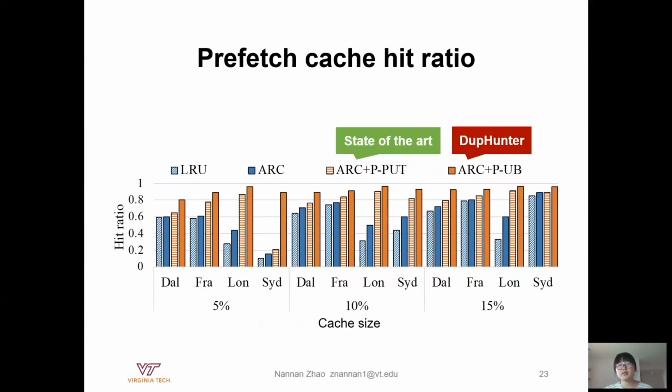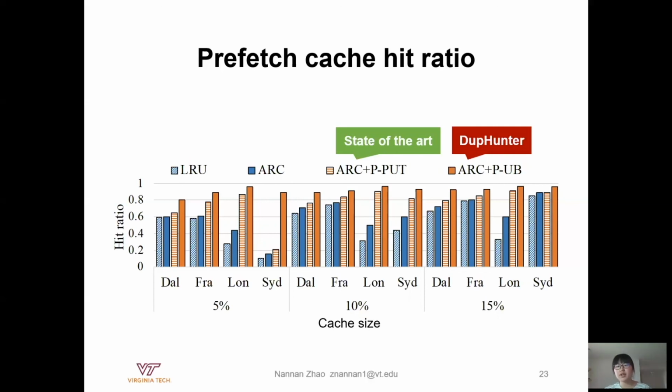Next, we look at the prefetch cache hit ratio. We compare DupHunter's prefetch algorithm with the state-of-the-art registry prefetch algorithm, and the LRU and ARC cache algorithms. We observe that DupHunter shows the highest hit ratio.